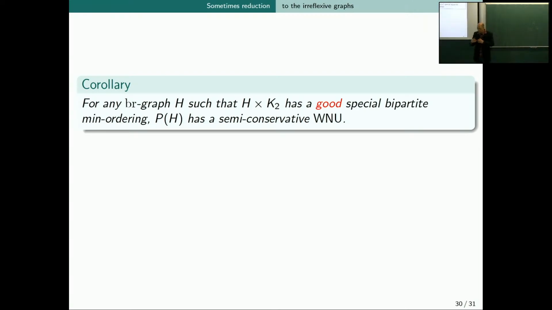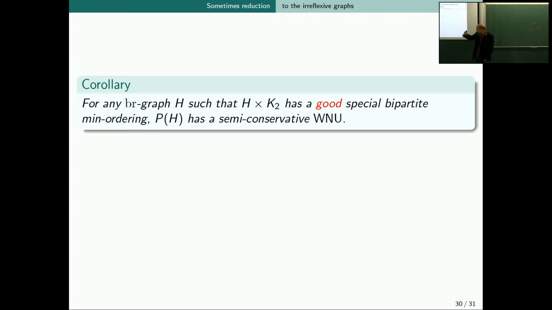We've proved it for more than trees. We've shown that for graphs that fit our description, if the list switch problem is polynomial time solvable, then we can define this semi-conservative WNU on this switch graph.